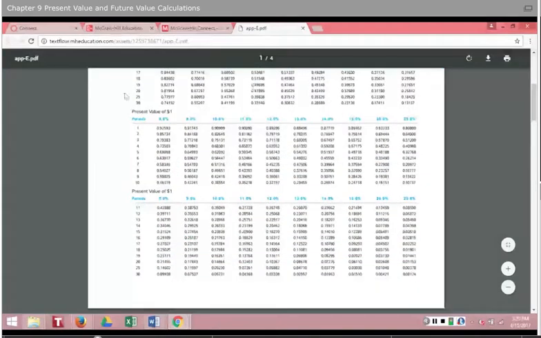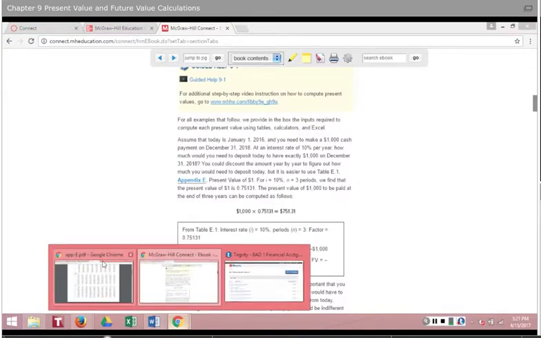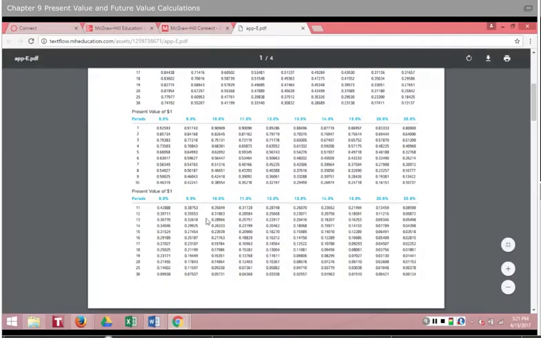The second tier down here goes from 8% to 25% and years 1 through 30. So if we go back to the example, they said that the interest rate is 10% for 3 time periods. So we're going to come to the 10%, which is here, and we're going to come to 3 years, which is here.